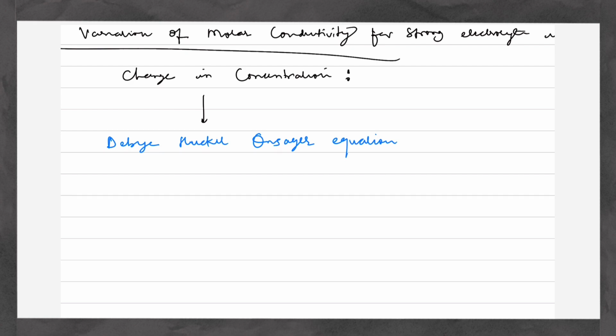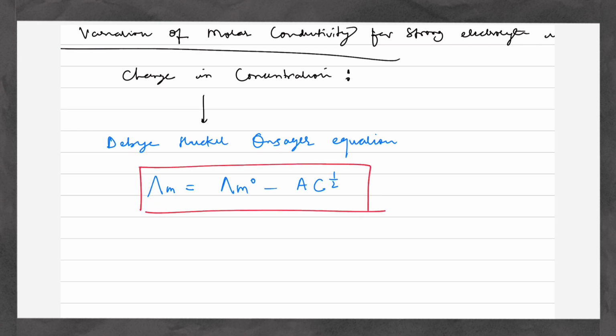This equation is del m equal to del m naught minus a constant multiplied with concentration having power 1 by 2. This is known as the Debye-Huckel Onsager equation. Here del m is molar conductivity, which we have already discussed, but here you can see that we have naught.